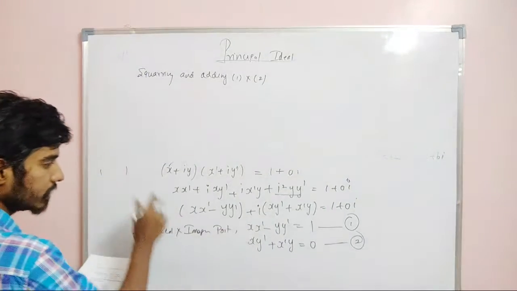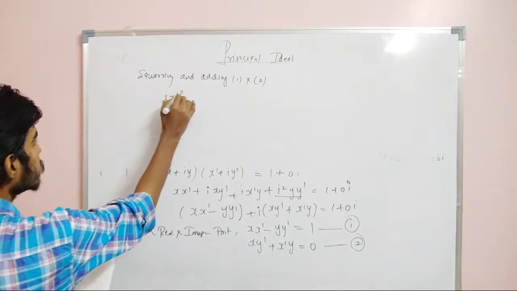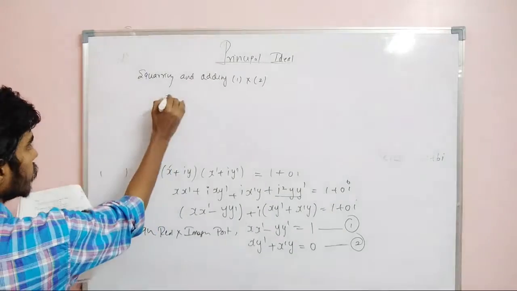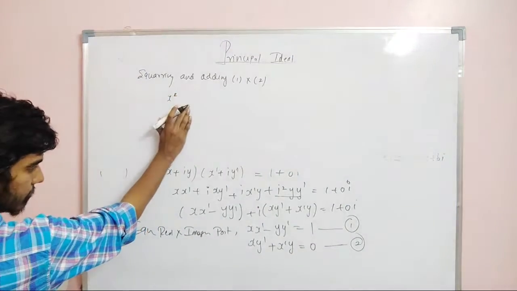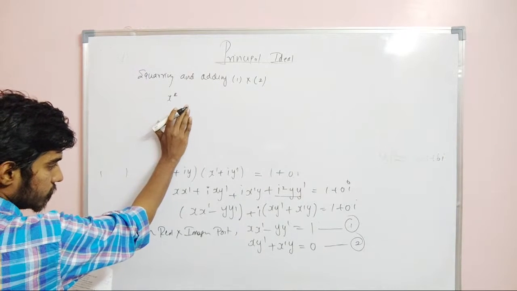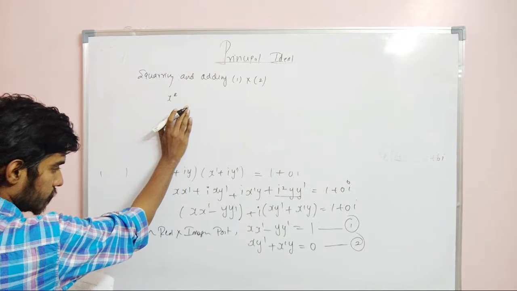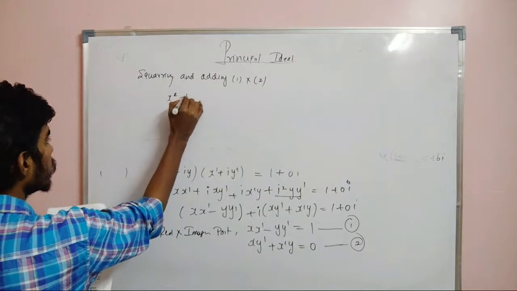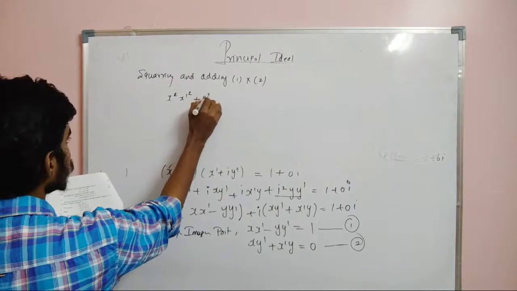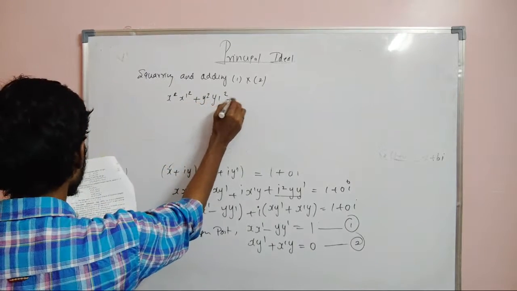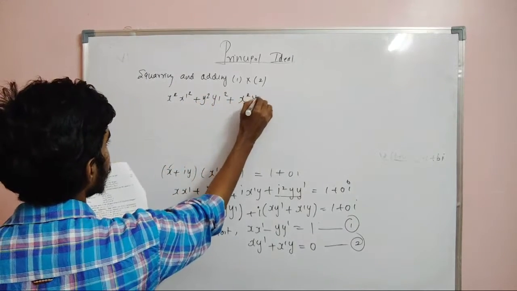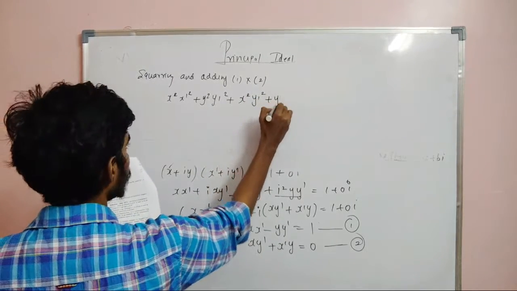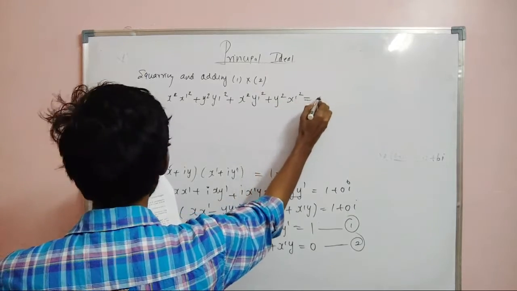Square every element. So we will have x square x' square plus y square y' square plus x square y' square plus y square x' square is equal to 1.